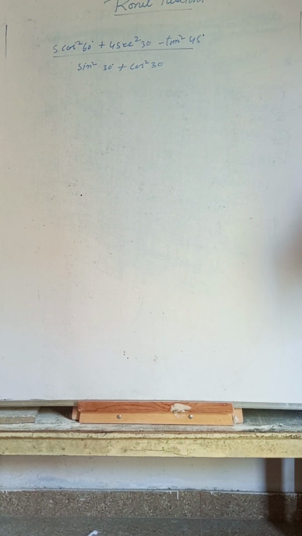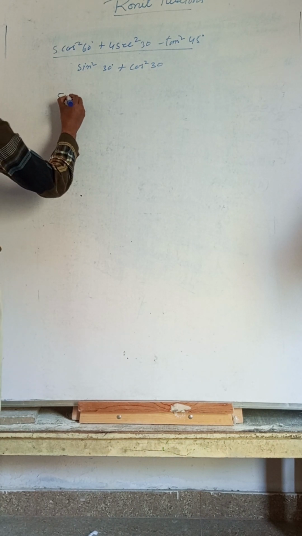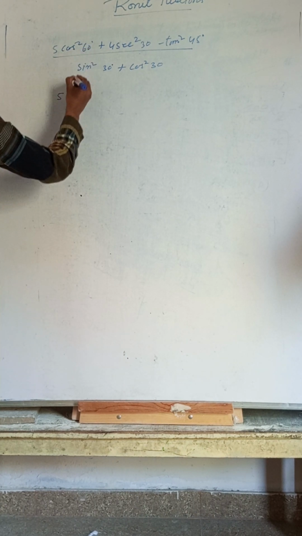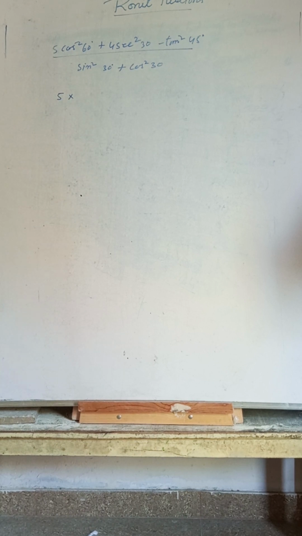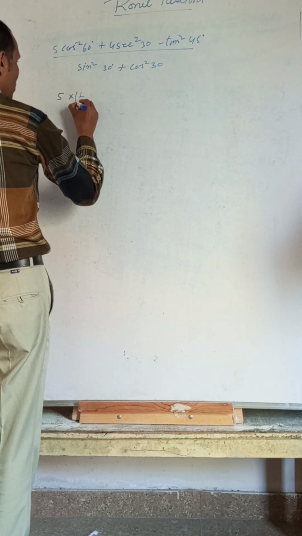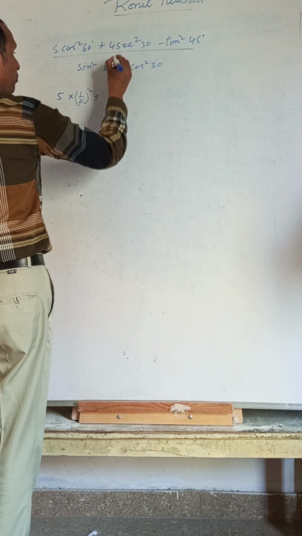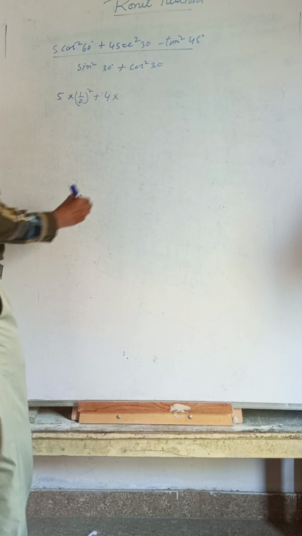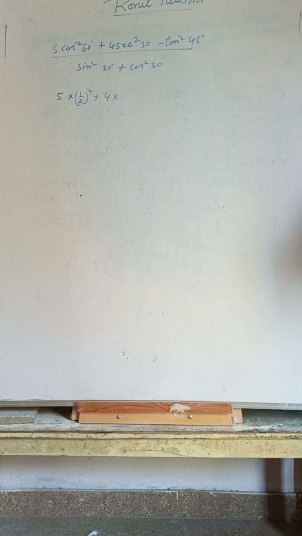No problem, we are doing it again, keeping the values. First, 5 cos square 60 degree. Cos 60 value is 1 by 2, and square is there. Plus 4 into sec square 30 degree.